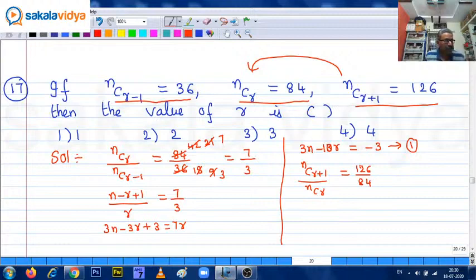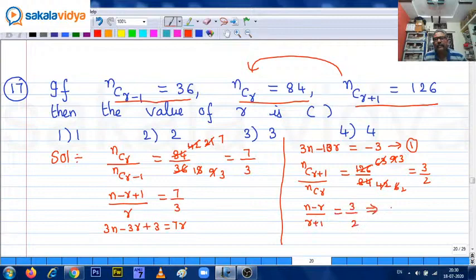So 3 upon 2. This we can write n minus r upon r plus 1, 3 upon 2.